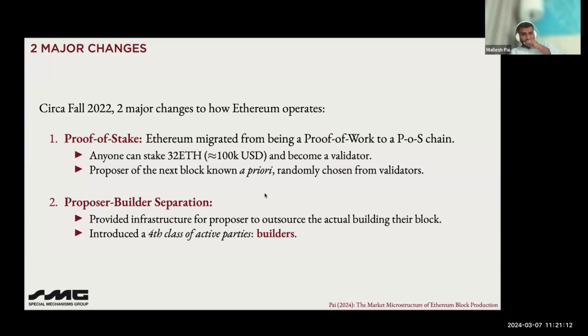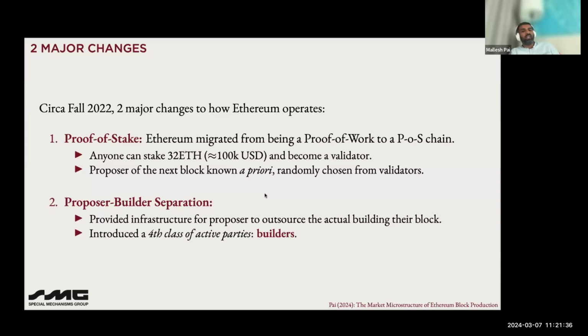The main feature I want to stress is that in a proof of stake chain, the proposer of the next block is now known a priori. Unlike proof of work, where I would be racing to solve that cryptographic puzzle, now under proof of stake, I know that three blocks from now, it's going to be my turn to propose a block.